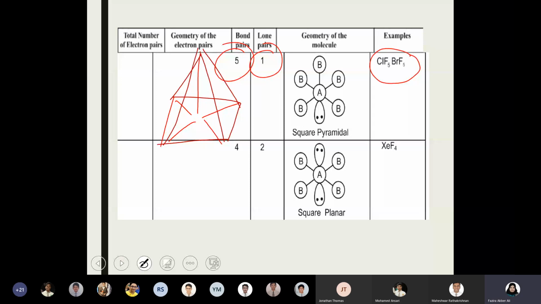That is why it is called a square pyramidal shape, because one bond is no more existing. It is just a lone pair. So from an octahedral arrangement, if you remove one bond position because it exists as a lone pair, the remaining will look like a square pyramidal shape.